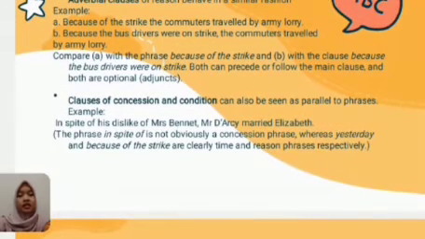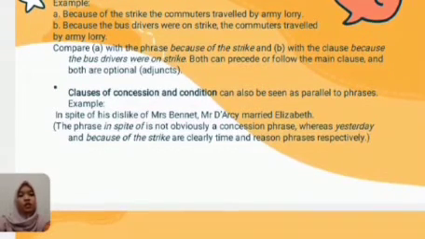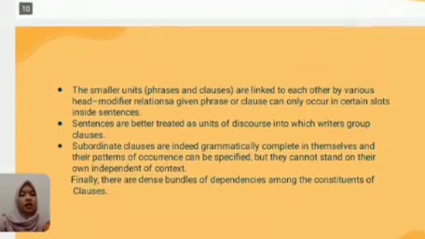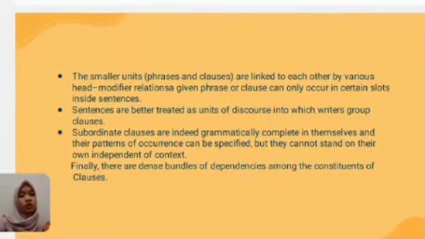In this phrase, "in spite of" is obviously a concession phrase, whereas "yesterday" and "because of the strike" are clearly time and reason phrases respectively. So the smaller units of phrases and clauses are linked to each other by various head-modifier relations.